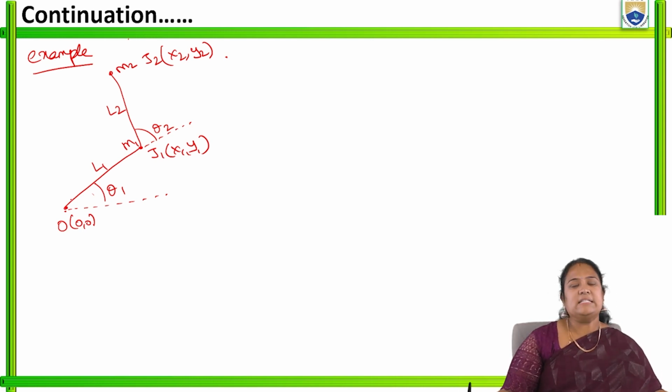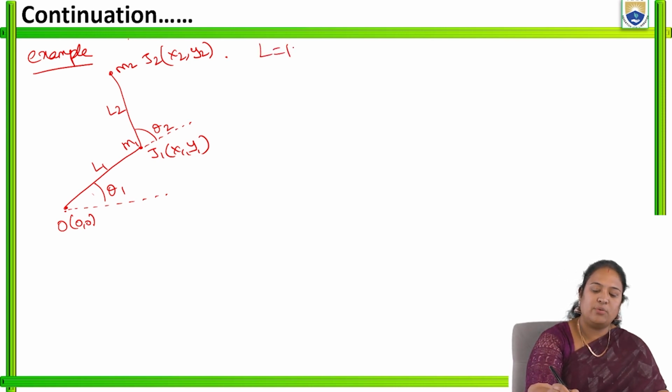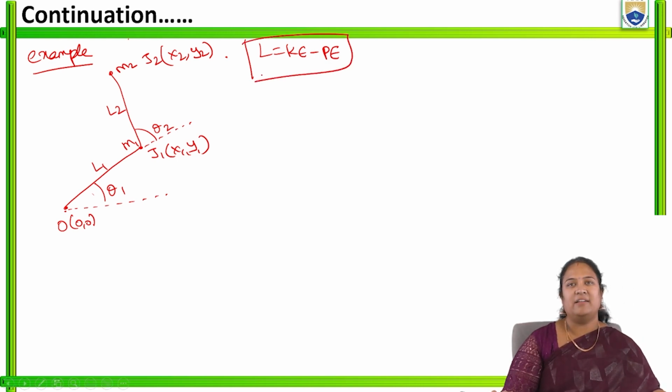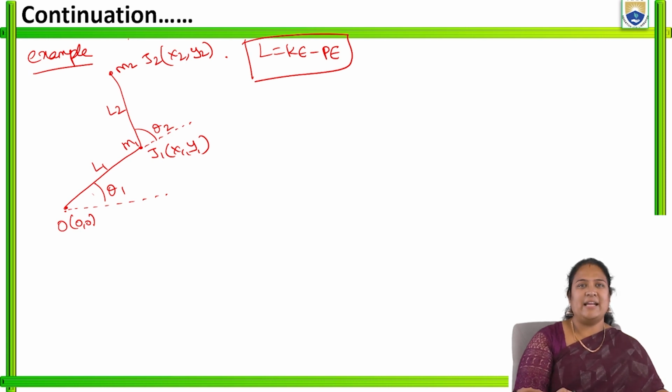So let us consider an example of how we calculate the kinetic energy, the potential energy, and the total Lagrange equation. We all know the Lagrangian is equal to kinetic energy minus potential energy. How we determine the kinetic energy, the potential energy, and finally the Lagrangian will be shown by this example.